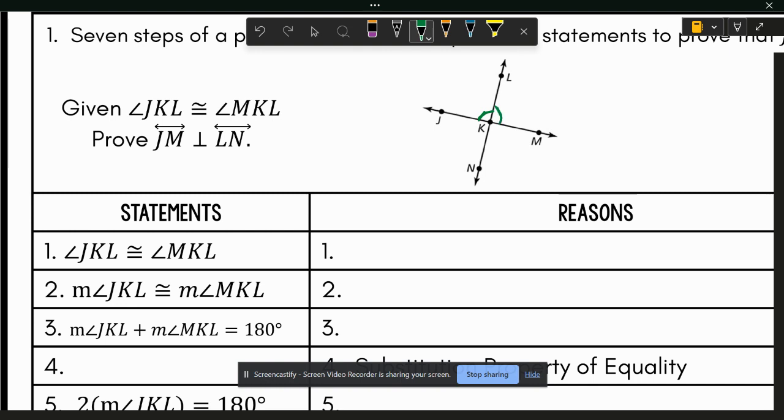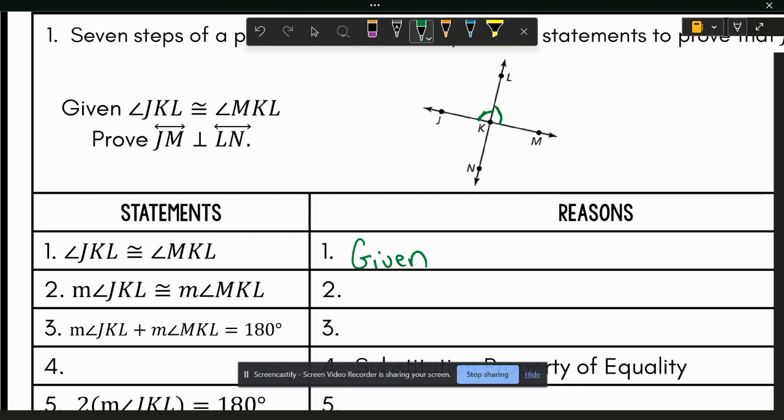When we're doing these types of proofs, very similar to when we were solving equations, the first line is always our given. It's always our given. So if you look at what they've posted up here, angle JKL is congruent to angle MKL. It's given.